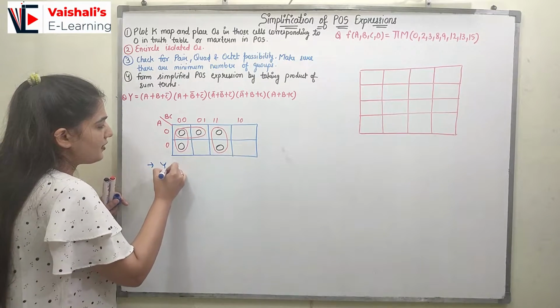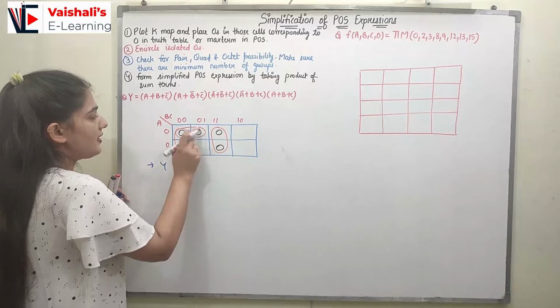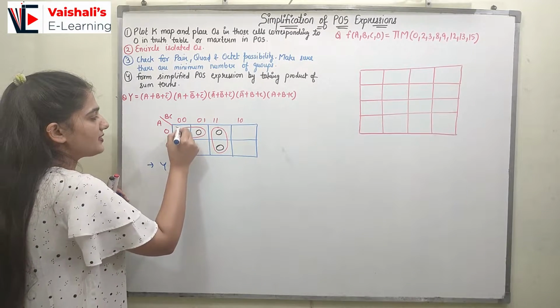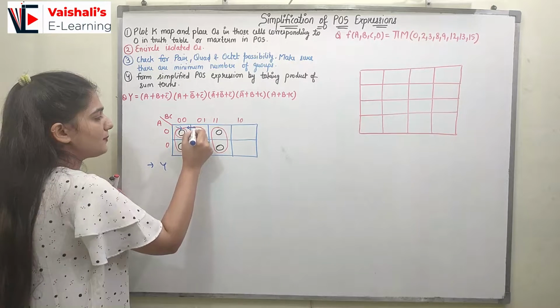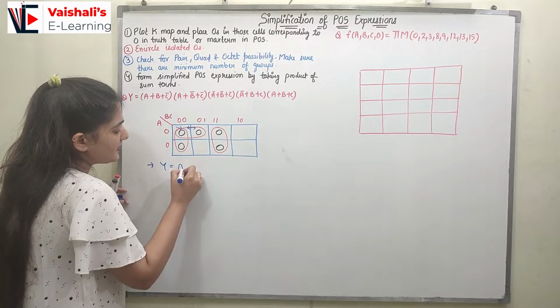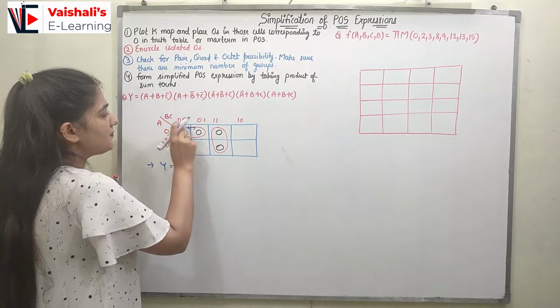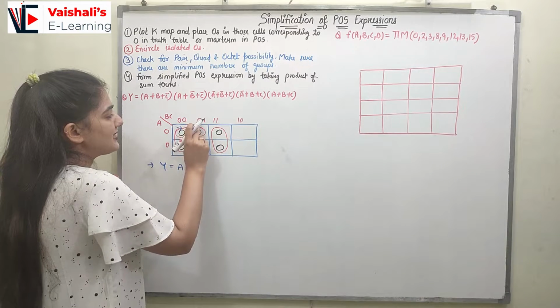Now for this combination, my answer would be: here A is equal to 0 is common. We are talking about these 2 pairs. So here A is equal to 0 is common, so for A equal to 0 I will be writing A. Now in BC we see B is common.